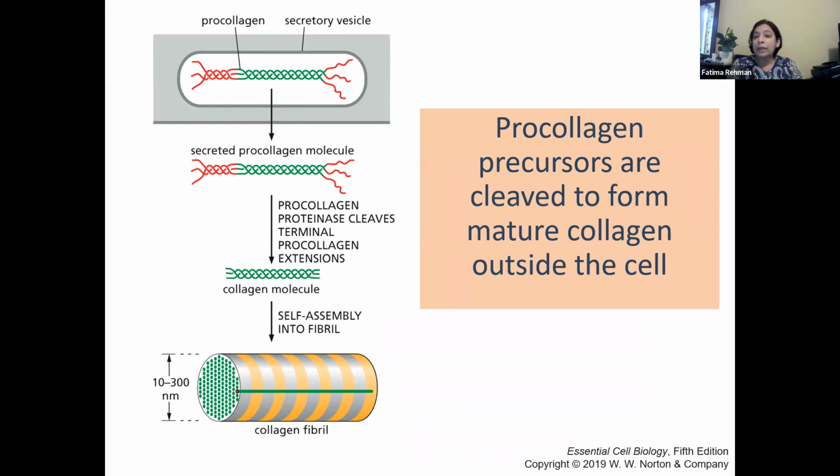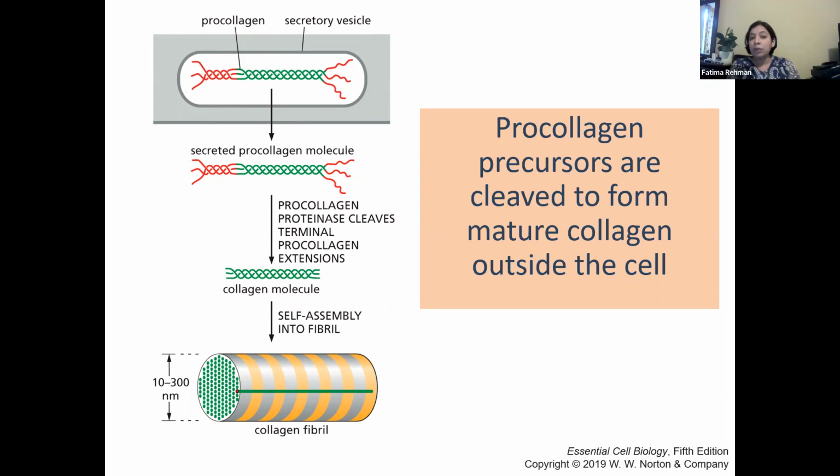So how are they made? They are made initially as the procollagen molecule, which has areas within it that are not going to be part of that final structure. The procollagen molecule is a lot longer, with a lot more amino acids in length, and it has signals for secretion. So it gets taken up by the secretory vesicles and is secreted as that procollagen molecule into the extracellular space.